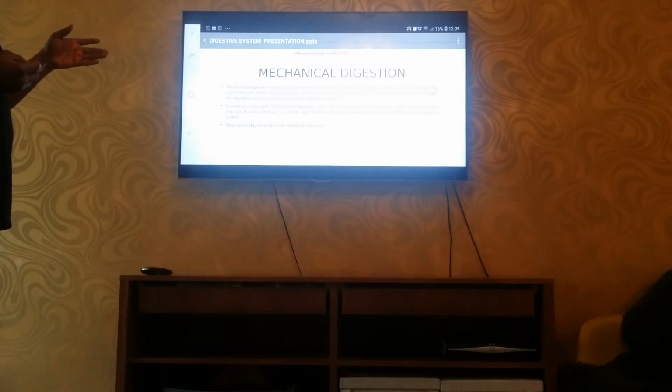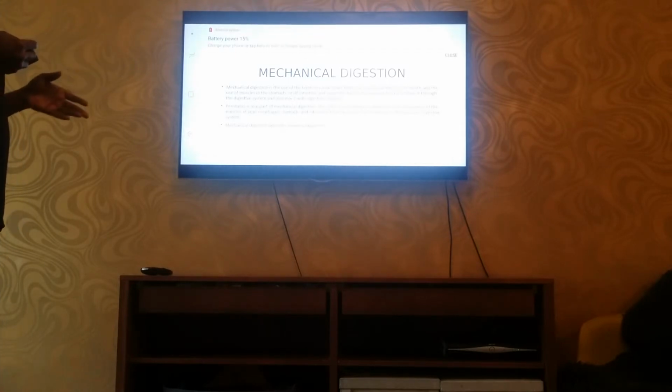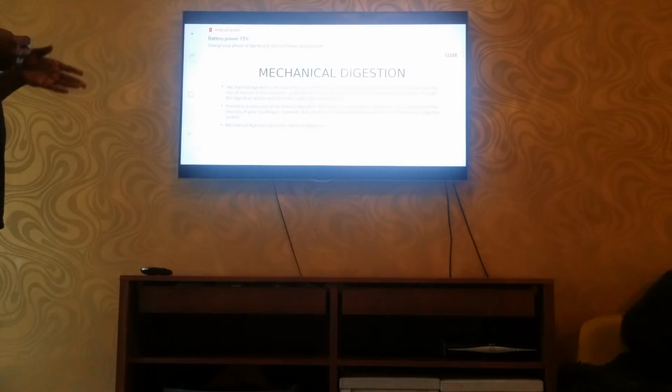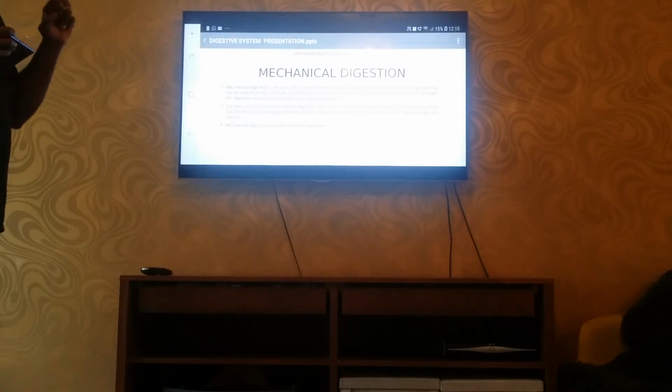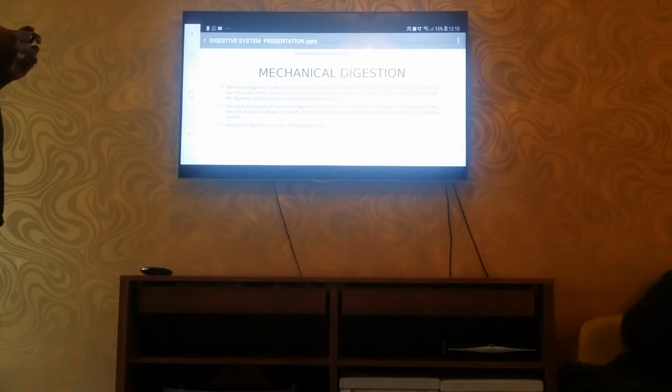Here is the mechanical process of breaking down food. After the teeth have beaten the food into smaller bits so that it can go to the stomach, in the process of the food going from the esophagus to the stomach and the small and large intestines, food doesn't just go down.